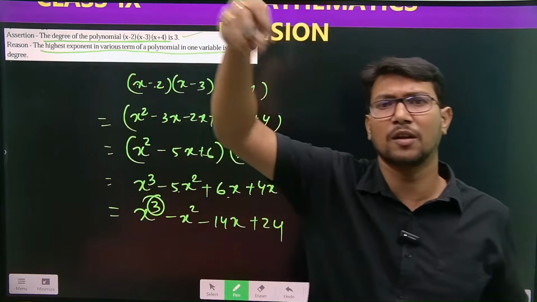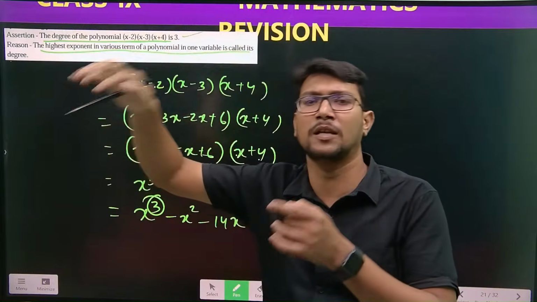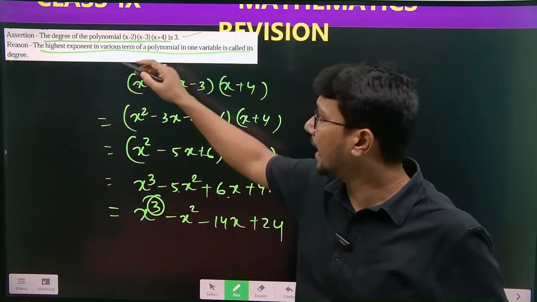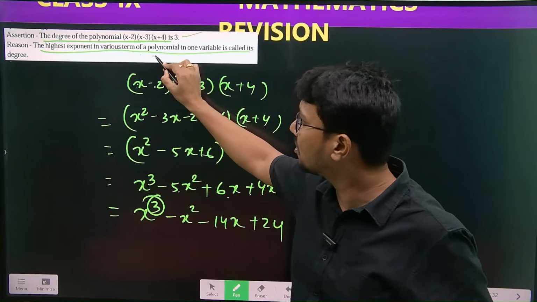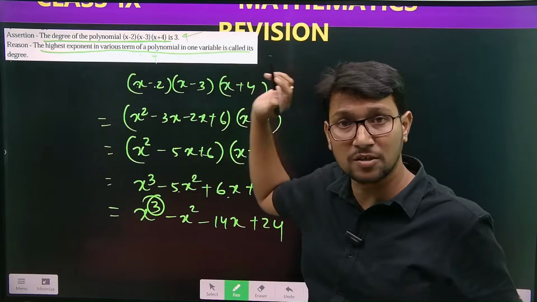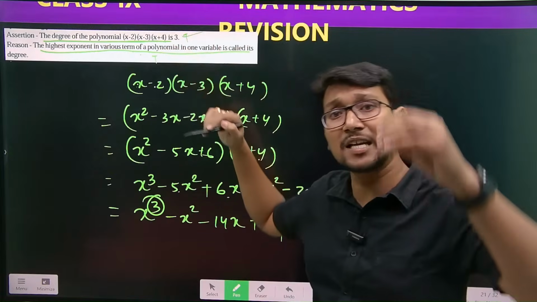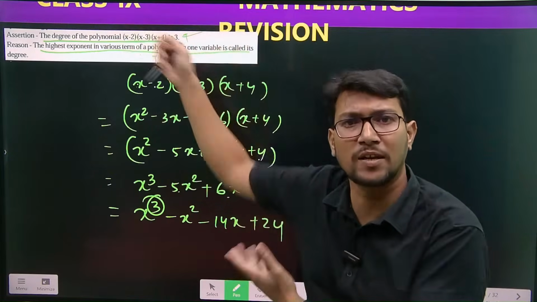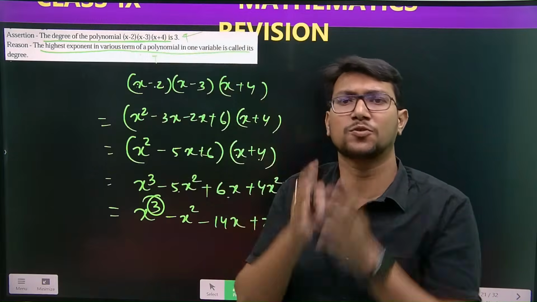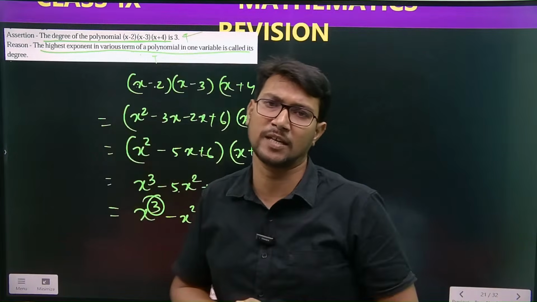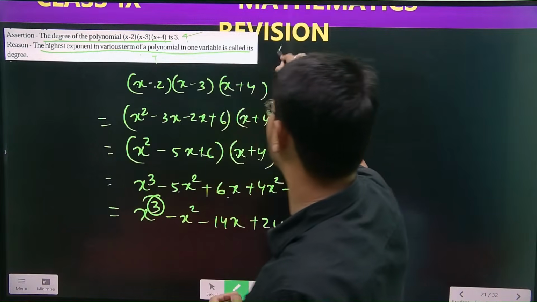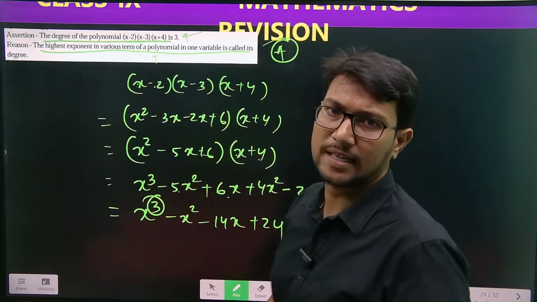The highest power of the variable in a polynomial is known as the degree, and therefore reason is also true. Assertion true, reason true. Assertion is asking about degree, reason is also explaining about degree. Therefore assertion true, reason true, and reason is correctly explaining assertion. So option A is the correct answer.